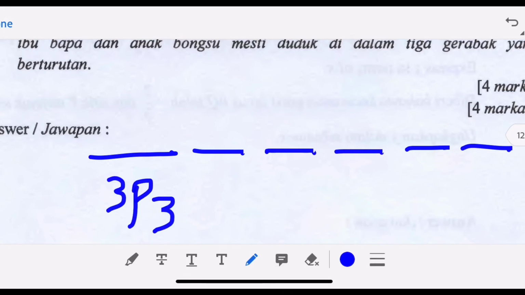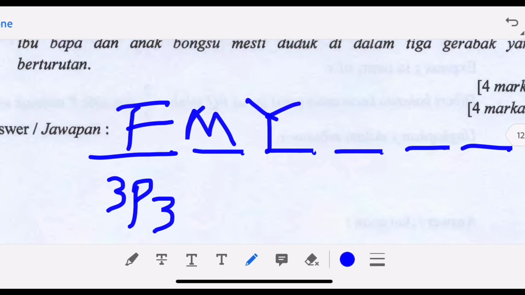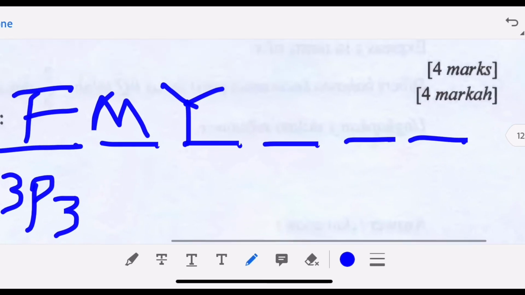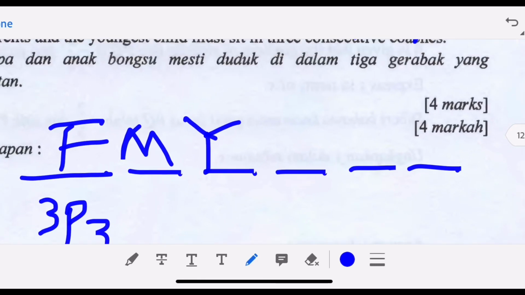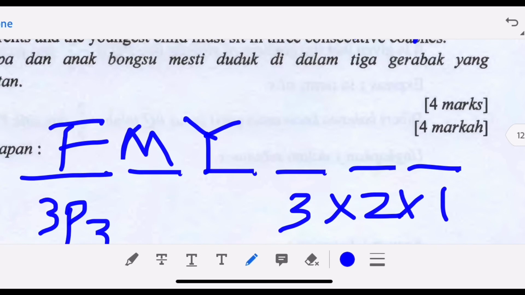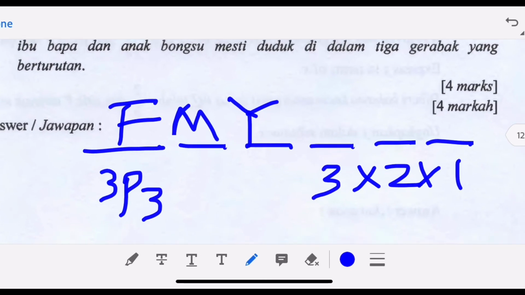So we arrange the parents and the youngest one as 3P3, and after that we consider them as one object, then we arrange them with the rest of the 3 children, so it becomes 4P4. So your answer should be 3P3 times 4P4, right?